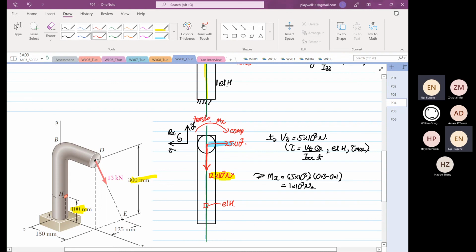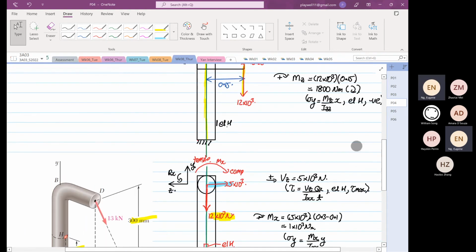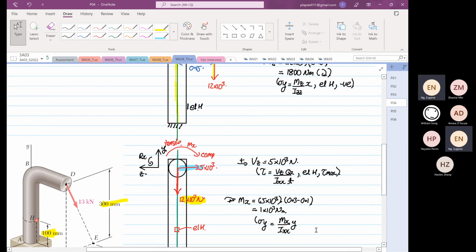But what you see over here, if we apply the formula where stress is equal to Mx over Ixx multiplied by y, hold on, is it multiplied by y? No, multiplied by z. I do apologize.